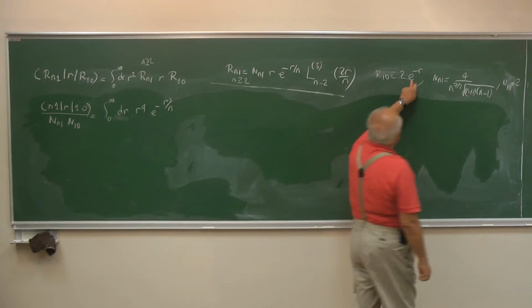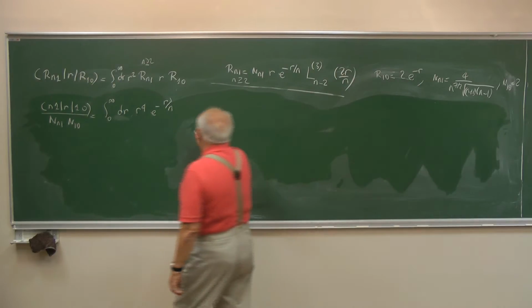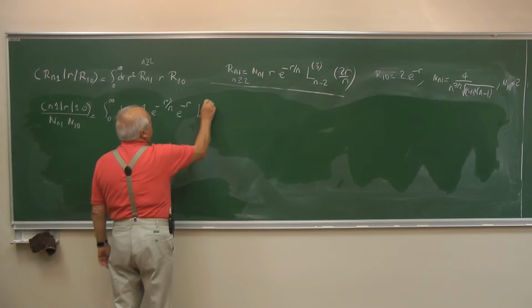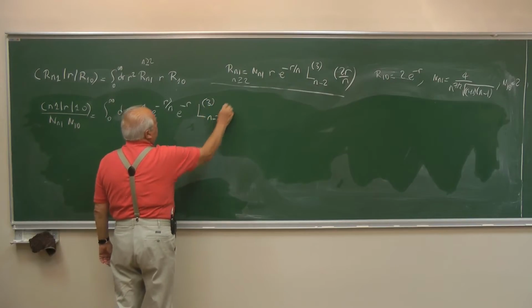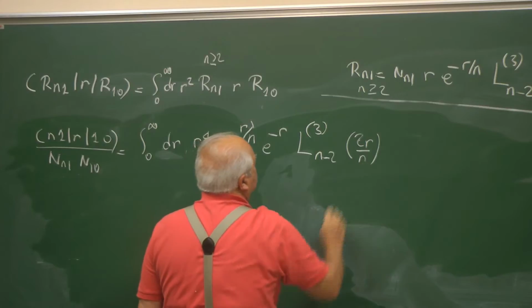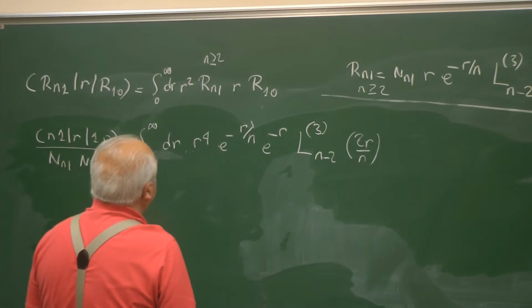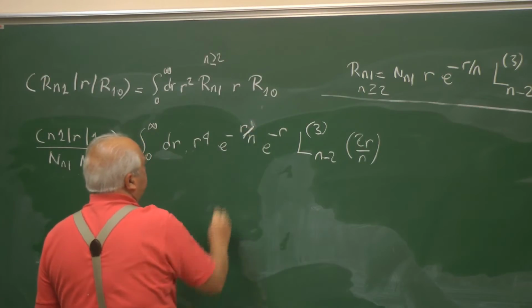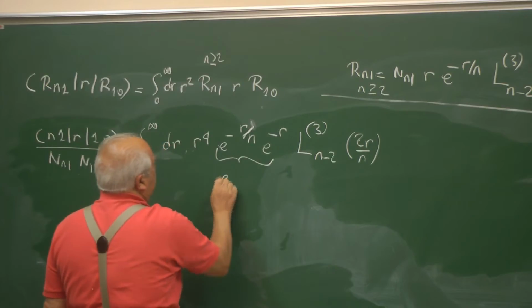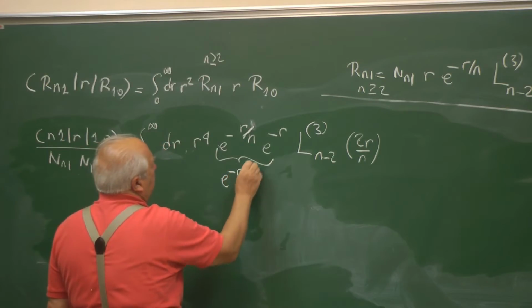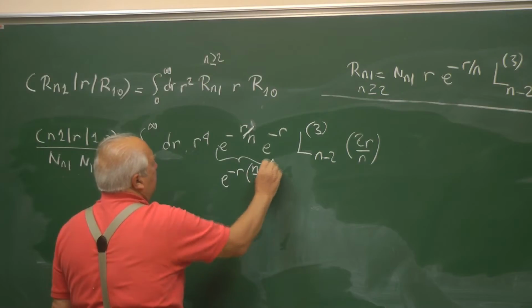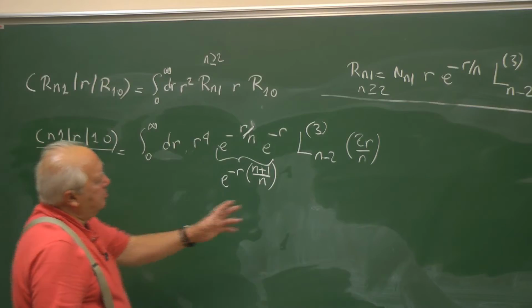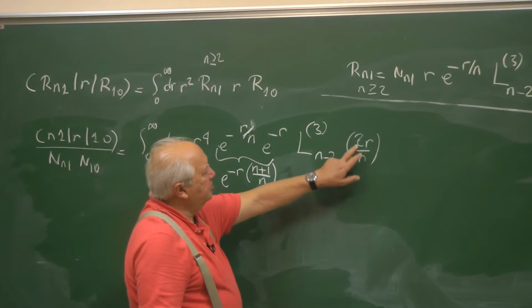Then there is another e to the minus r coming from here, e to the minus r. And then L3 n minus 2, 2r over n. This is easy. E r, n plus 1 over n.